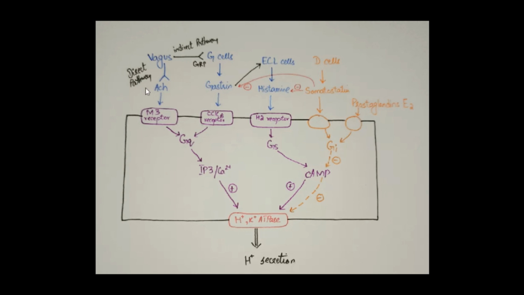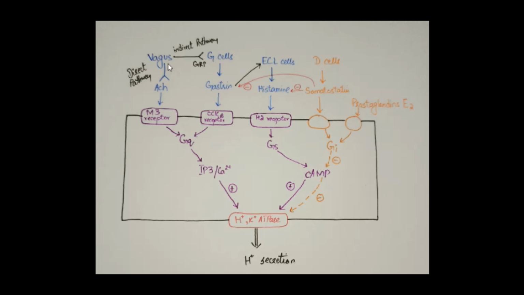Vagus, through its direct pathway by producing acetylcholine, directly acts on the gastric parietal cell through its muscarinic 3 (M3) receptor, and by using Gq protein and IP3 and calcium as its second messengers, it stimulates the hydrogen-potassium ATPase, and eventually hydrogen moves from within the gastric parietal cell towards the lumen of the stomach.